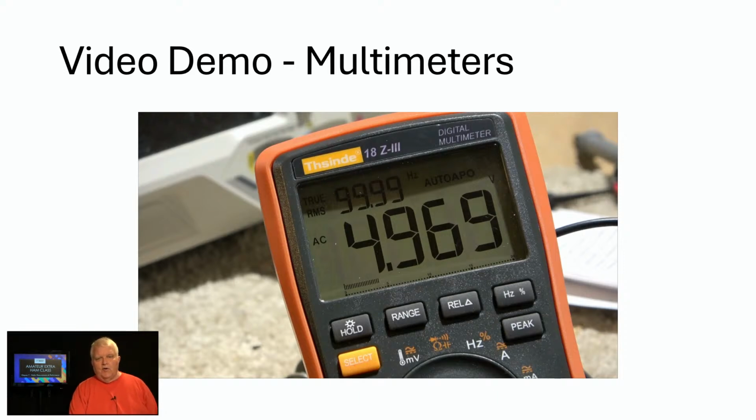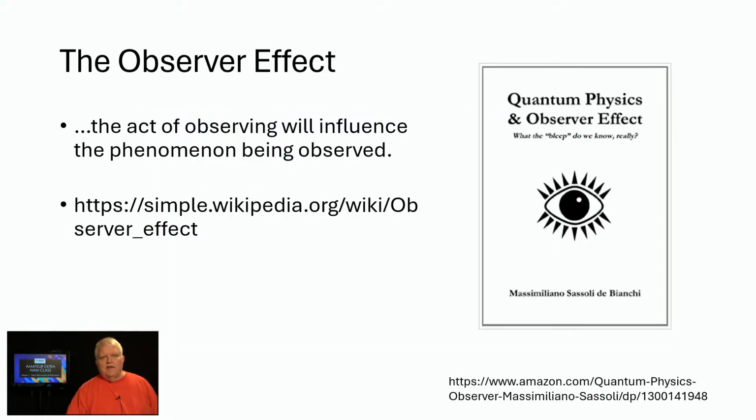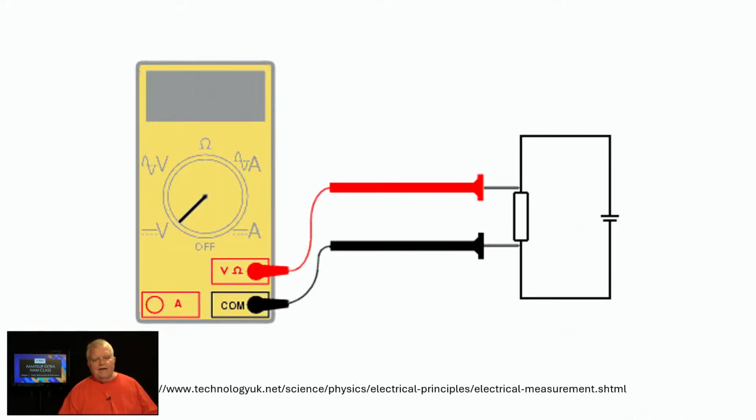All right, here we're going to go a little philosophical. The observer effect: the act of observing something will influence the phenomenon being observed. Well, how does this relate to electronics? It has to do with multimeters, especially older multimeters, and their effect on a circuit.